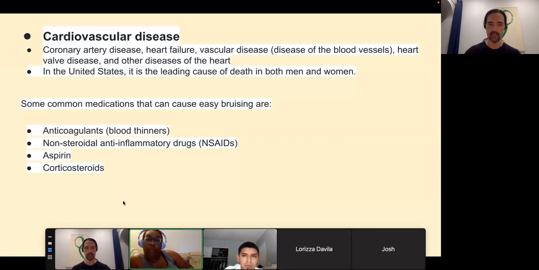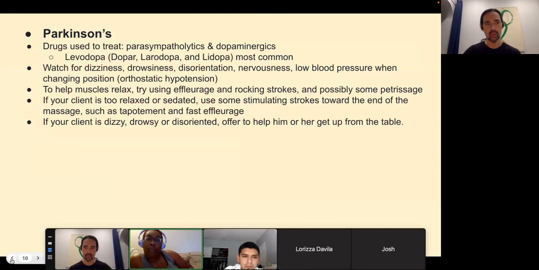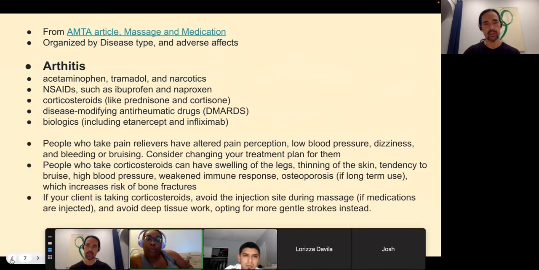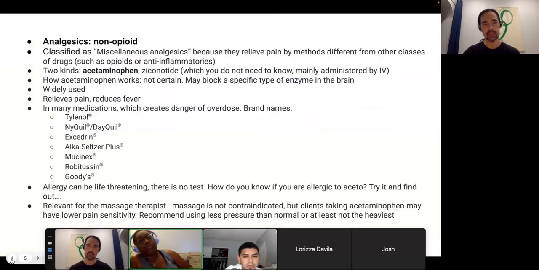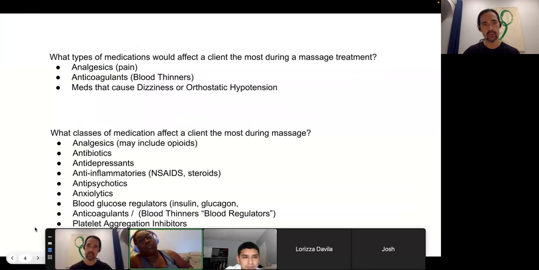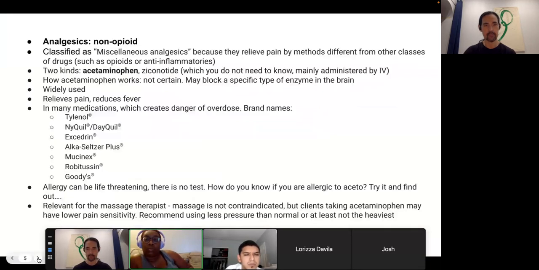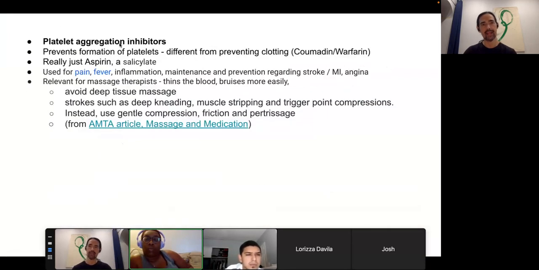It can be what is called an anti-clotting medication, an anticoagulant, right? Or a blood regulator. An anticoagulant is a type of blood regulator. A platelet aggregation inhibitor is another type of blood regulator.